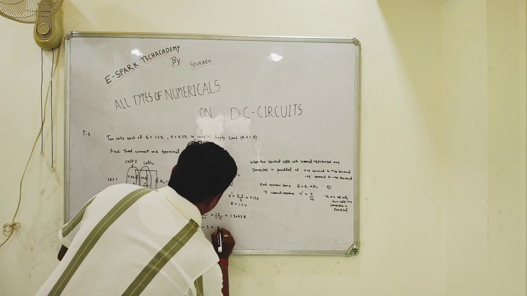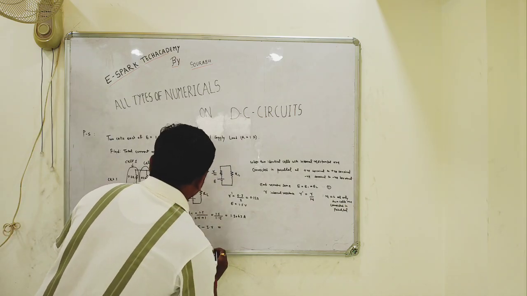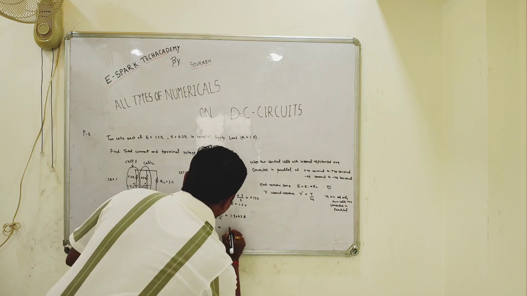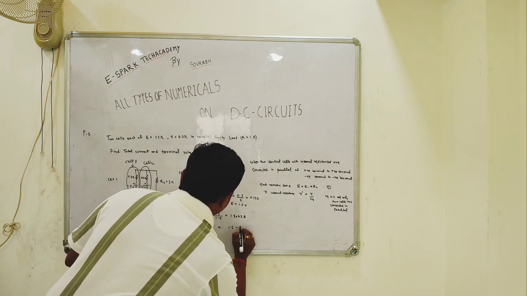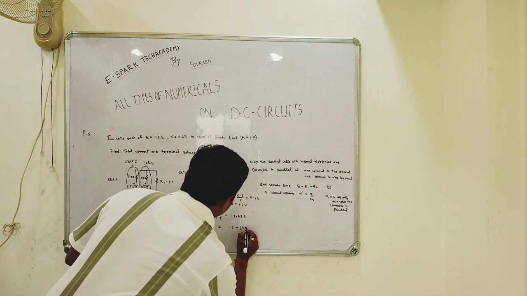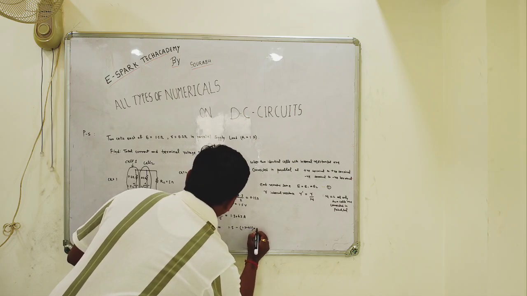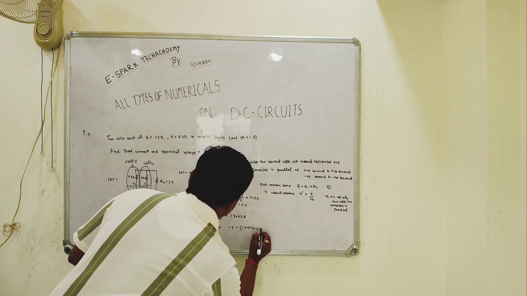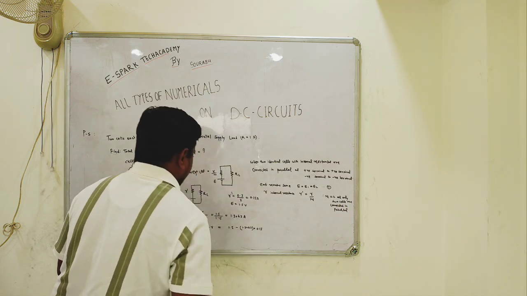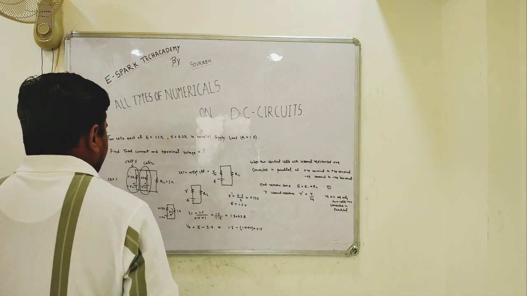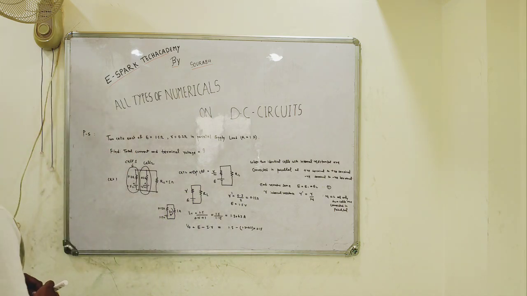Now here we will be getting 1.5 minus 1.3043 into R, which is 0.15.